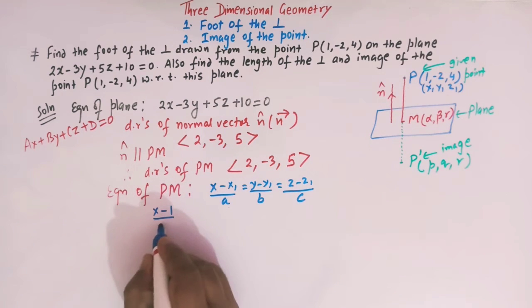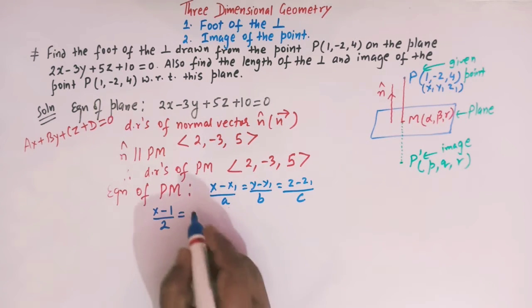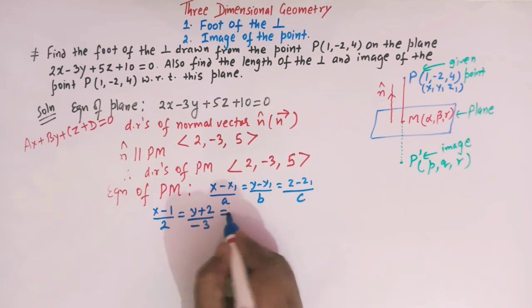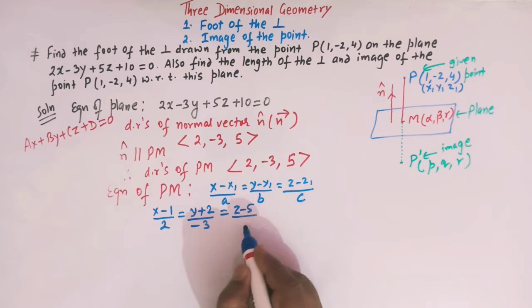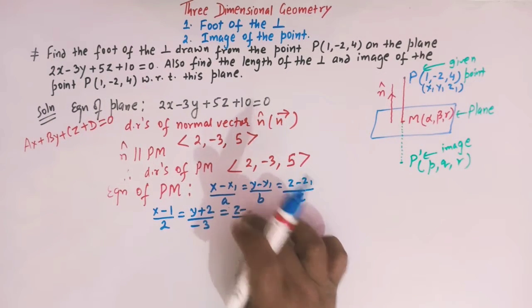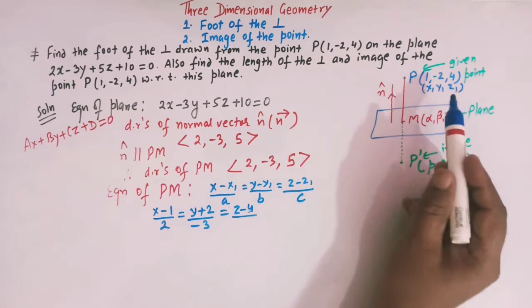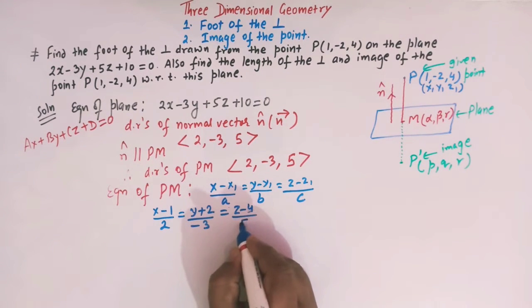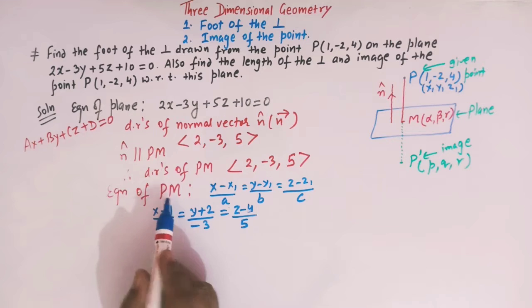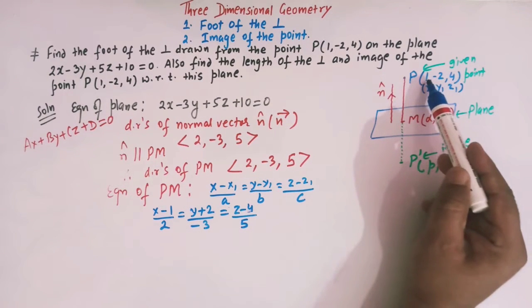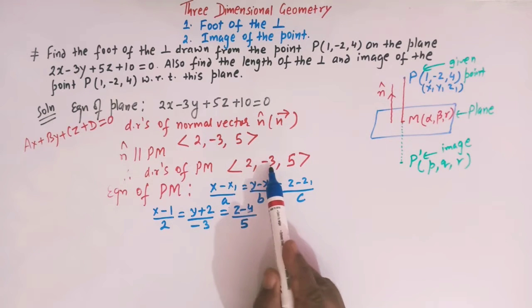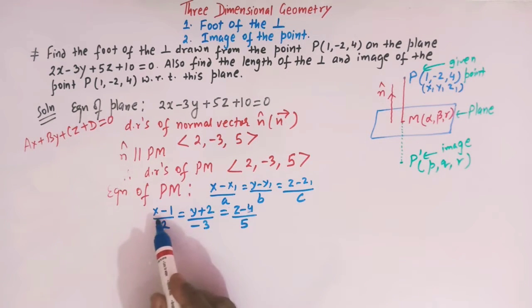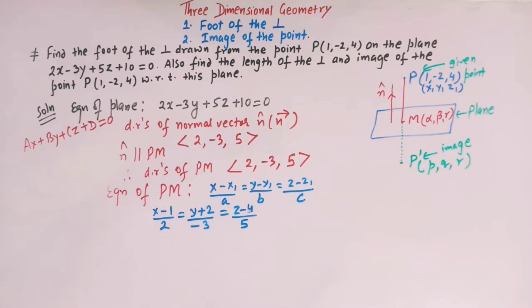So we have (x minus 1) over 2, then we have (y plus 2) over minus 3, and (z minus 4) over 5, right? So the equation of this line PM which passes through 1, minus 2, 4 and whose DRs are 2, minus 3, 5 is given by this equation, right?